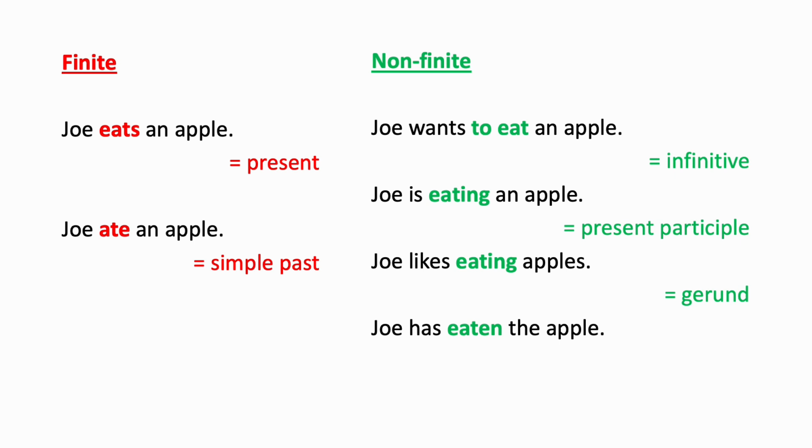The last form is called the past participle. For some verbs, this looks exactly the same as the simple past, but for a lot of verbs they're different, and in context it will usually have has or have in front of it, to make a sentence like, Joe has eaten the apple. Some of these can do other jobs as well. The present participle is sometimes used as an adjective.